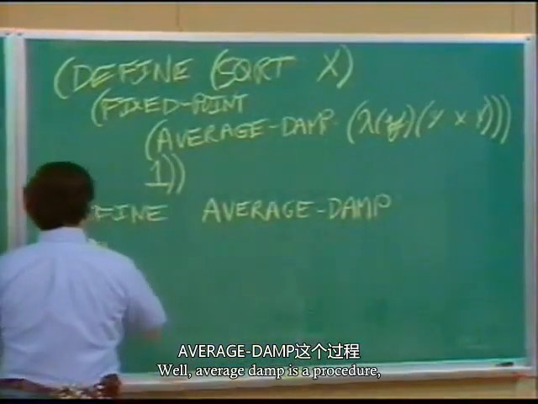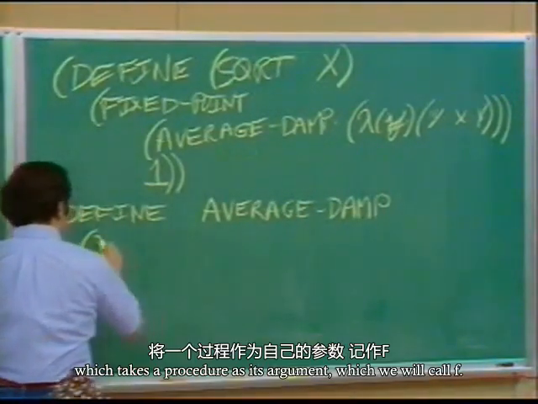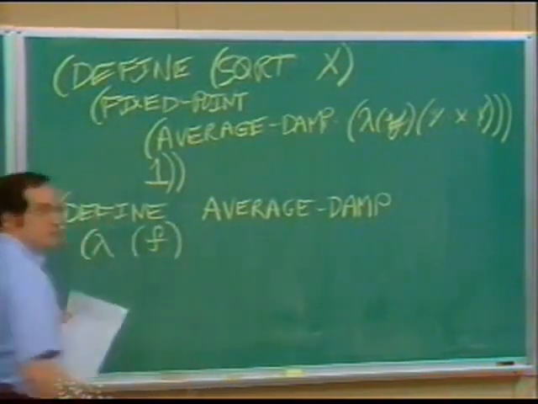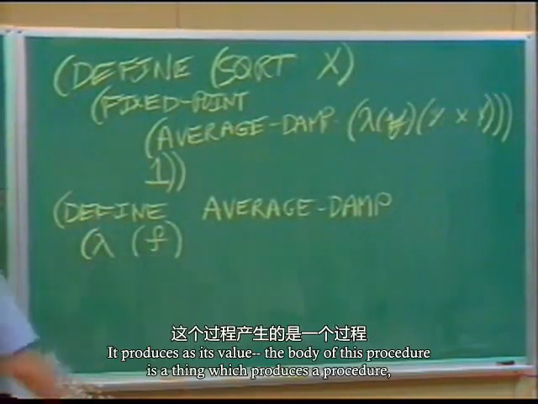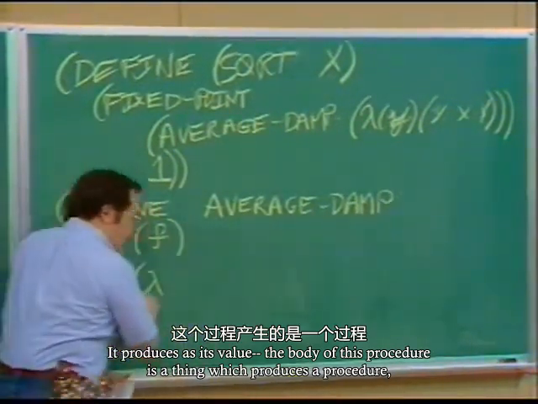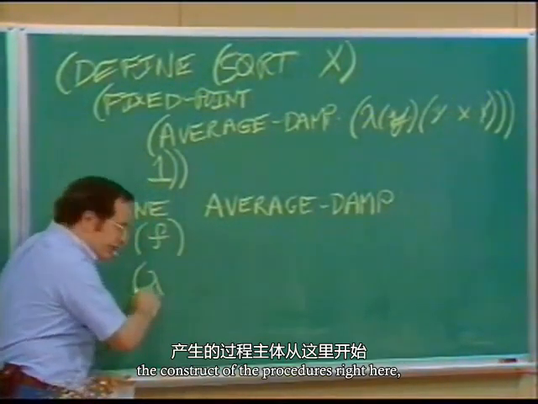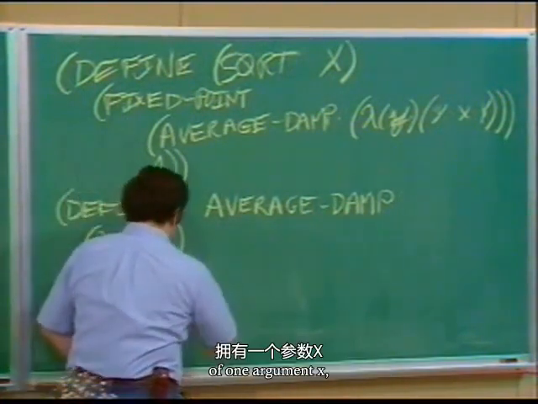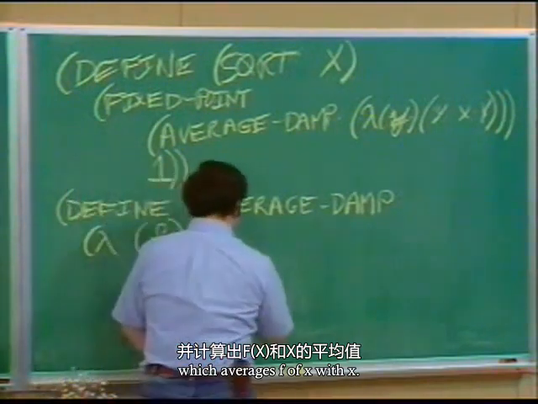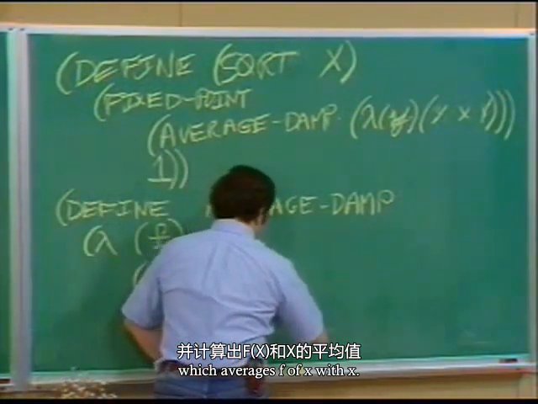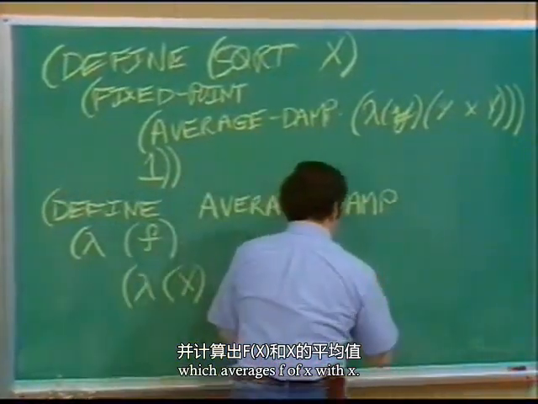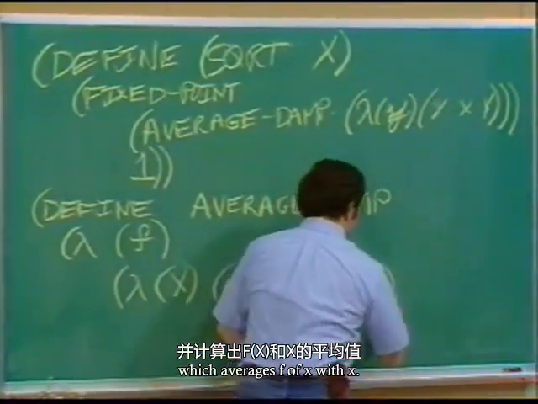Well, average damp is a procedure which takes a procedure as its argument, which we will call f. And what does it produce? It produces as its value the body of this procedure, a thing which produces a procedure, the constructor for procedures right here, of one argument x, which averages f of x with x.